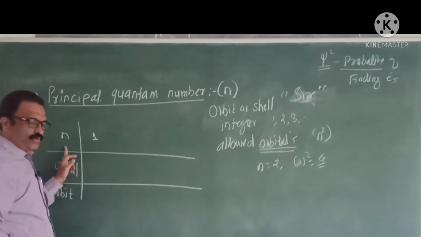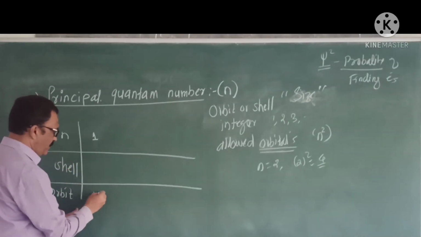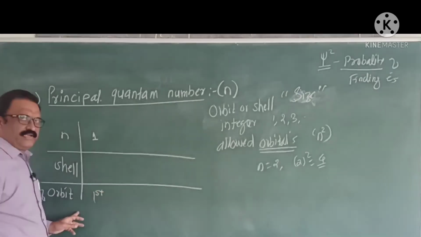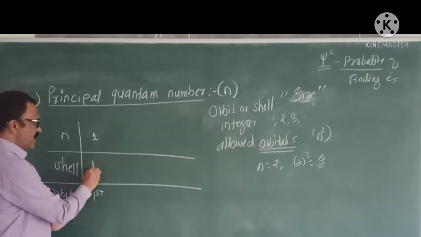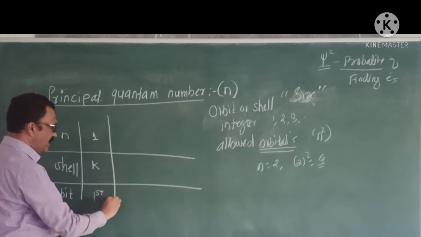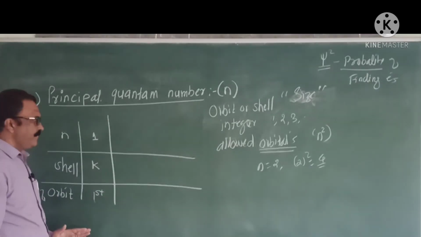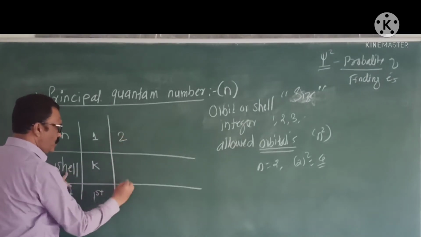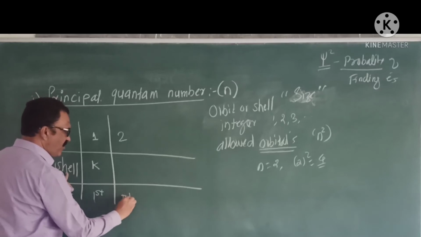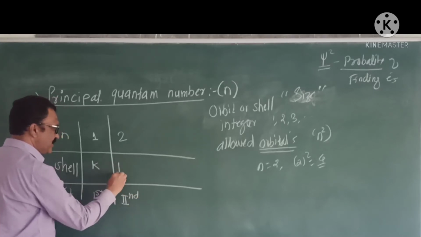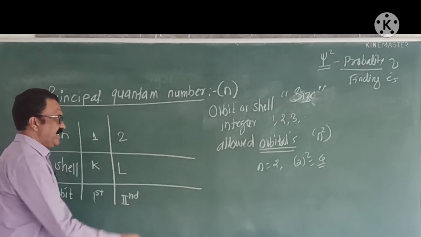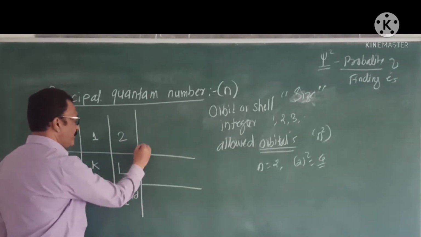When n is equal to 1, it is the first orbit and the shell is represented by the capital letter K. When n is equal to 2, it is the second orbit and the shell is represented by capital L.